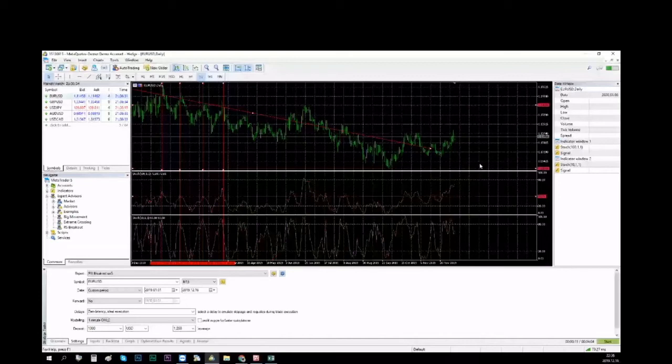But right now, for example, for euro dollar, we are looking at the daily chart, and I can tell you clearly this stochastic is higher than 60, and it means in the future I will be sure the trend will go up rather than down.